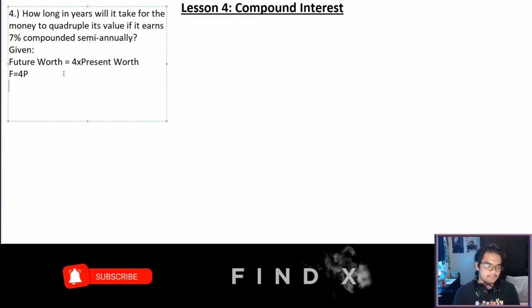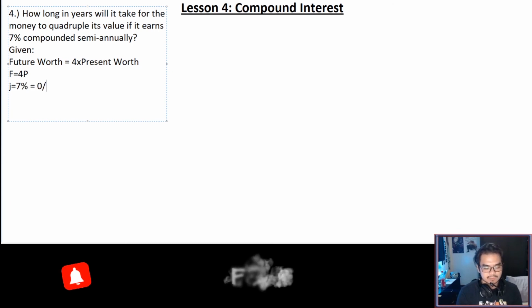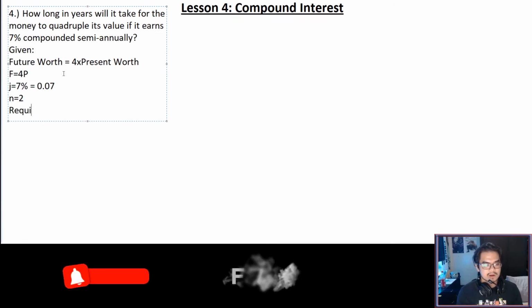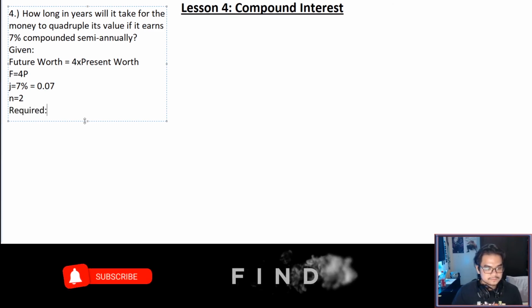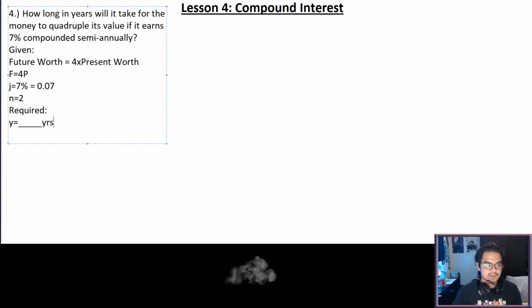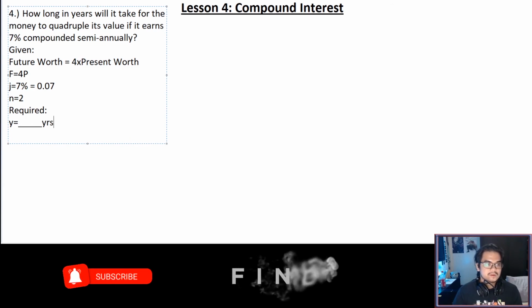Again, we have the word compounded, therefore 7% is a nominal rate of interest, so that is j, equal to 0.07. Semi-annually, therefore the method of compounding is 2, n equal to 2. Now we are required to find the years, so y. So this must be in years.